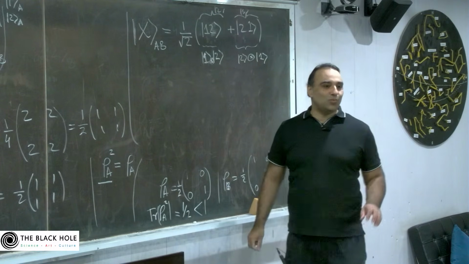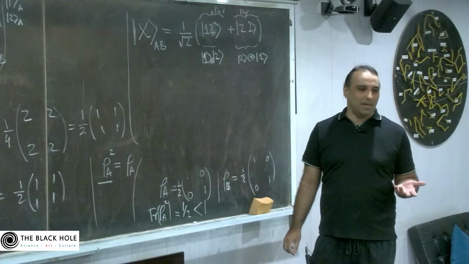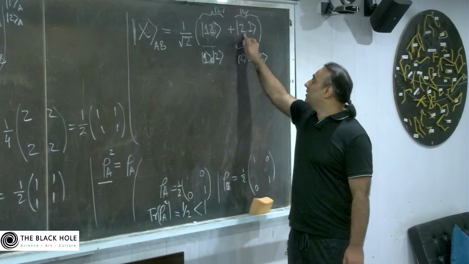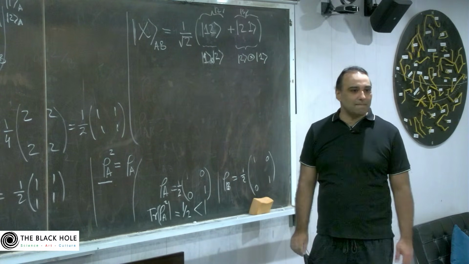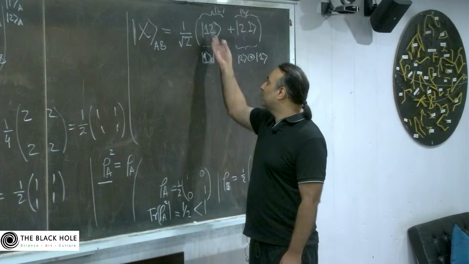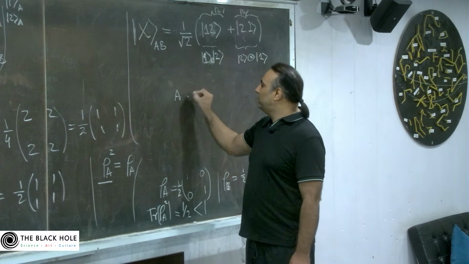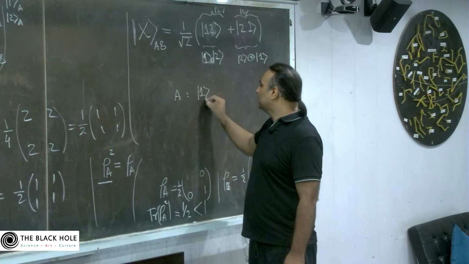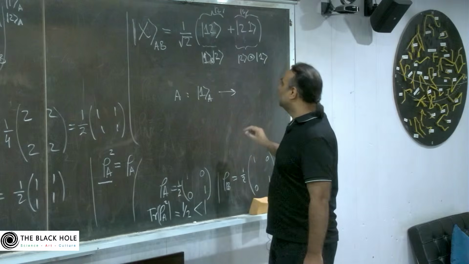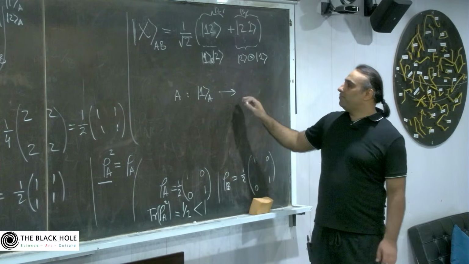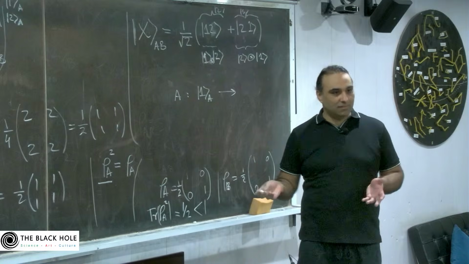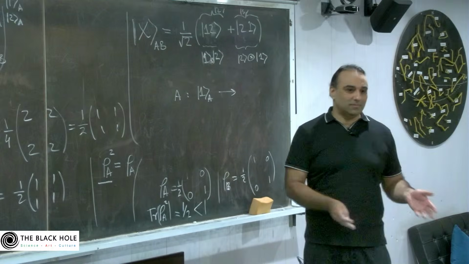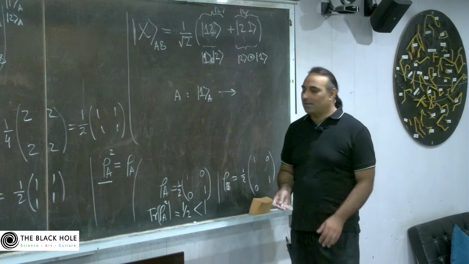In this case, suppose you would like to measure the state of subsystem A. It can be either 1 or 2, one of the 2 states. But what happens if you get 1? If your measurement produces 1 for state A, that would mean something for B. So the state would be projected. I told you the postulates about measurement. When you measure a system, the state is projected onto the eigenstate corresponding to that measurement.